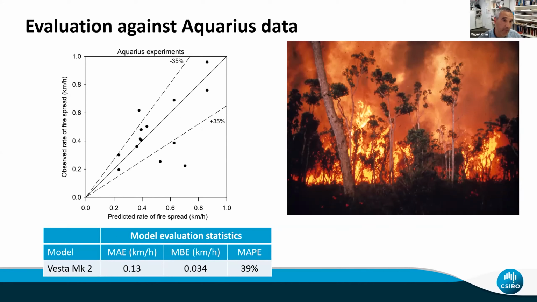In terms of model fit, most of the data is within that plus or minus 35% error, with an average error of 0.13 kilometers per hour and a MAPE quite good, below 40%. So again, a good outcome for the model in this respect.